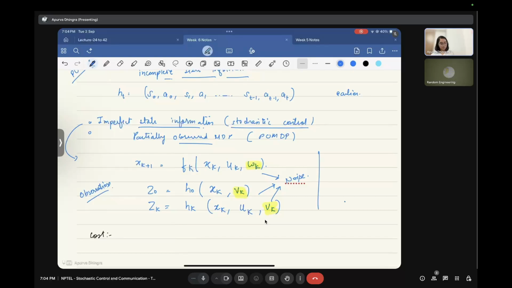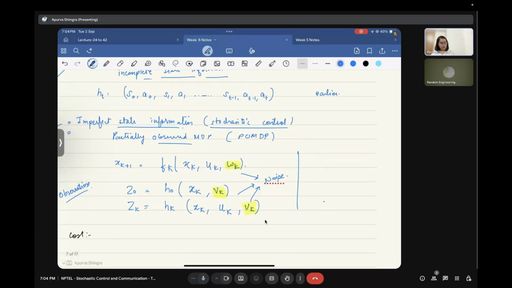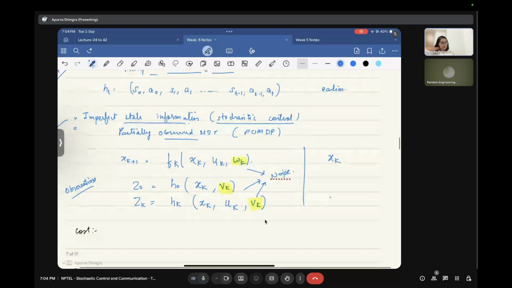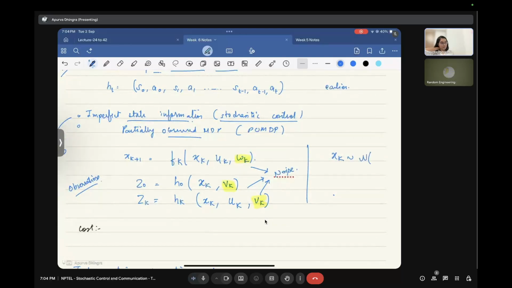Suppose this is a different example. Maybe your xk is a realization of some Gaussian, sampled from a Gaussian distribution. Let it be some real number, so right now I'm not worried about it too much.